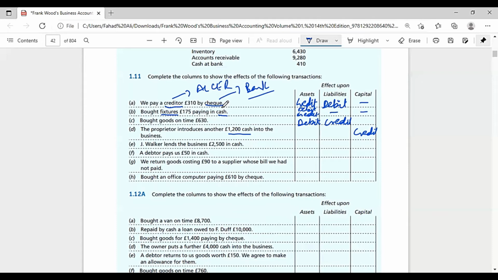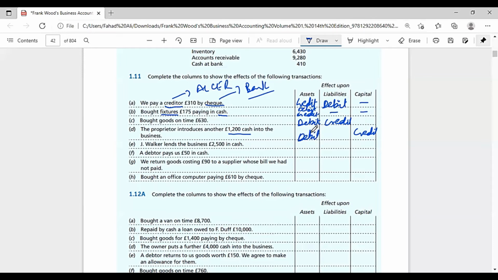The misconception we have at the start of accounting is that the owner and the business are the same. Don't think like this. The owner has introduced cash into the business. So think from the side of the business. The cash has increased, so it's debited. Yes, it will be debited and cash is an asset.